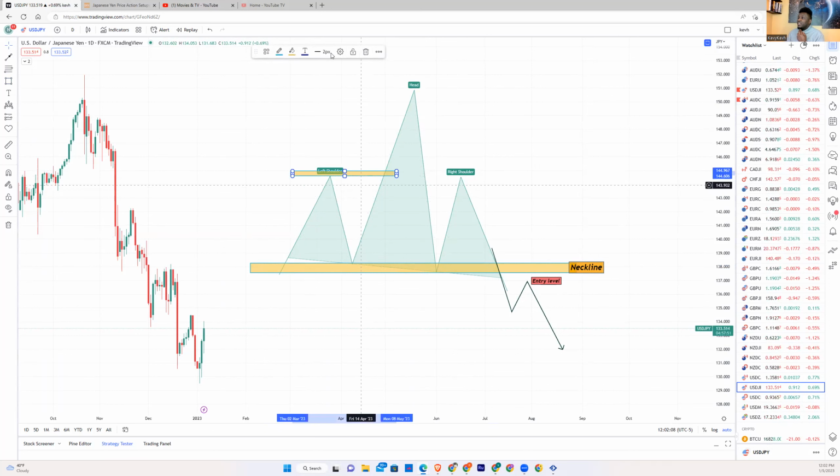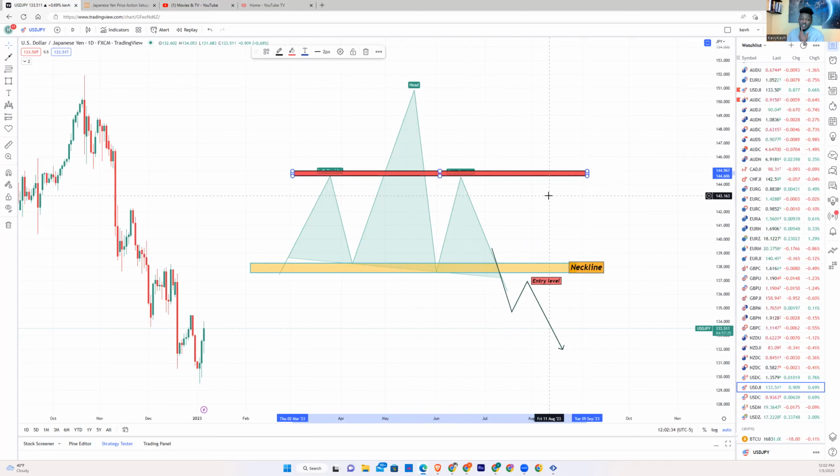Okay, the market here experienced massive resistance. So this being resistance, it means that it's going to extend all the way to infinity. There's going to be an area of resistance in this place all the way through infinity.